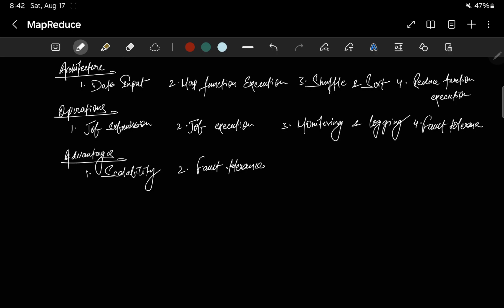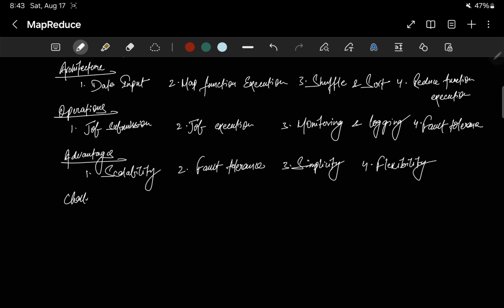MapReduce provides built-in fault tolerance by replicating data and retrying failed tasks. Next is simplicity. MapReduce simplifies the development of parallel data processing applications with a straightforward programming model. And flexibility. It supports a wide range of data processing tasks, including batch processing, sorting, and aggregation.